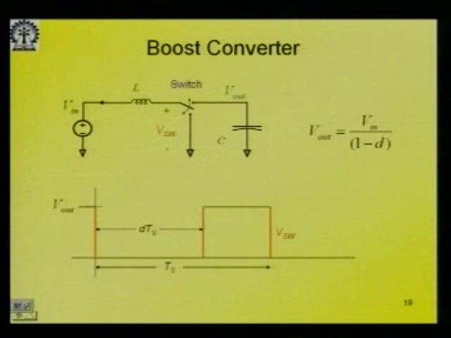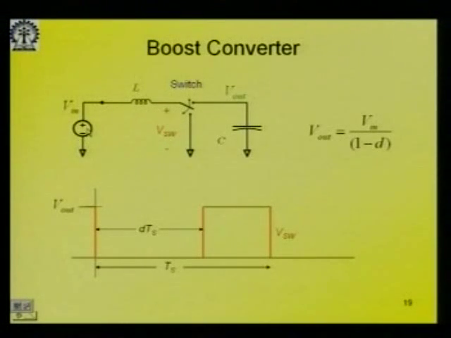Now, I am not going into the derivation of how the output voltage is more, but you can look at the expression which will be derived by some of the other teachers. So, here you see again, if you call D the duty cycle, then just for a brief explanation, when you start, we put the switch onto ground.